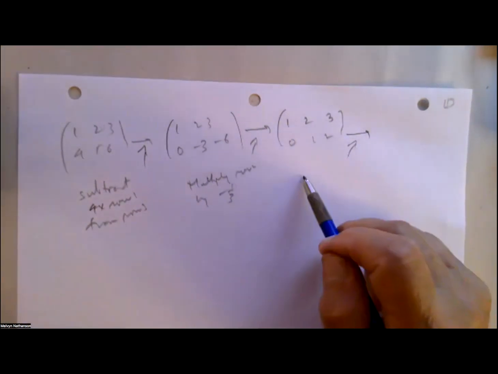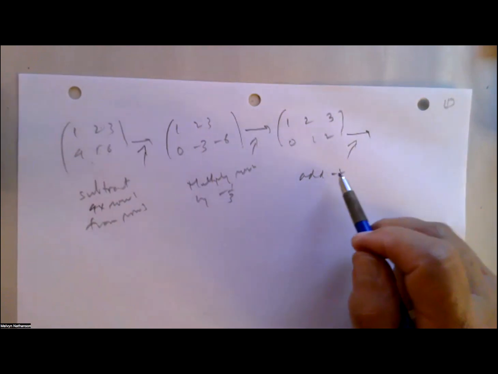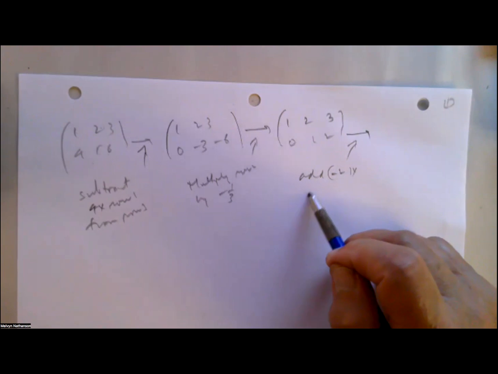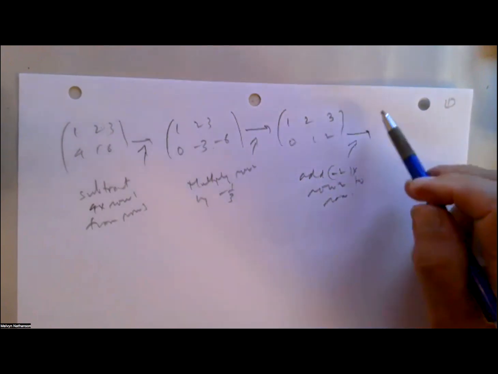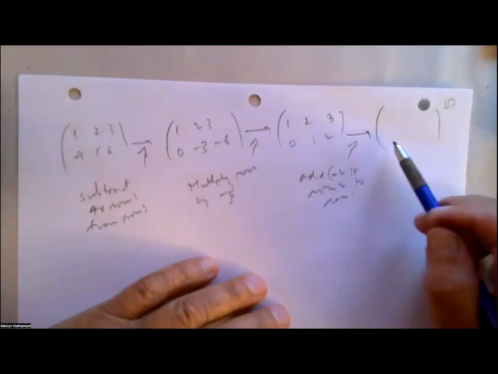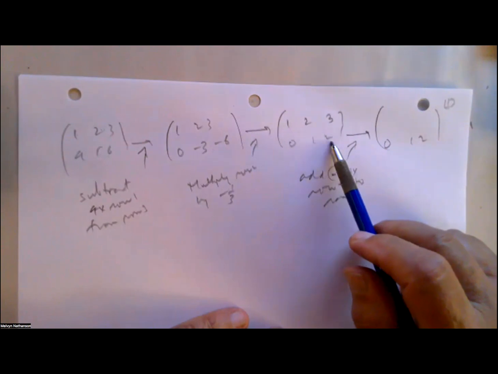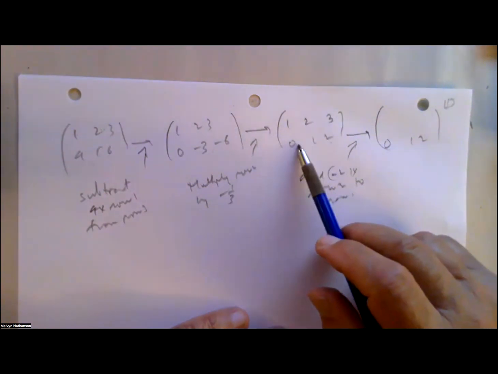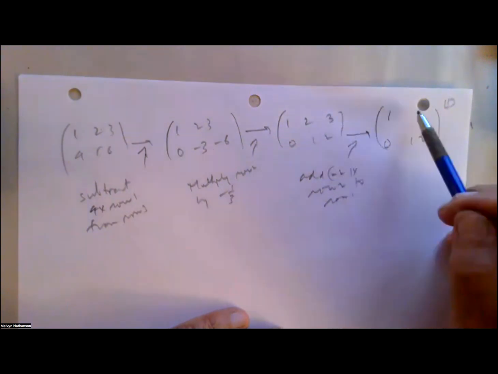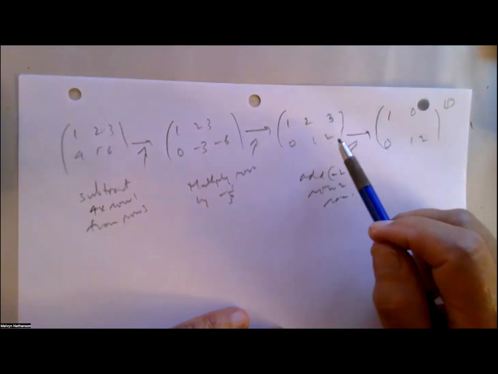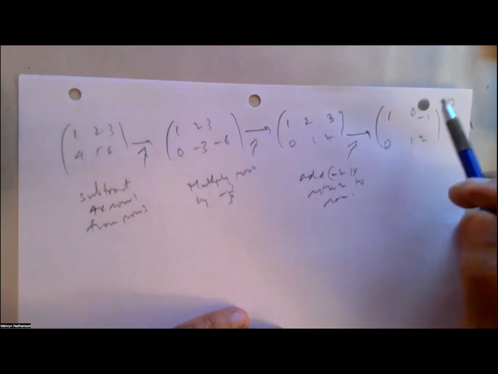I could now add -2 times row 2 to row 1. So in this case, I'm not changing the second row, but I'm multiplying the second row by -2 and adding. 0 plus 1 is 1. -2 plus 2 is 0. -4 plus 6 is -1.